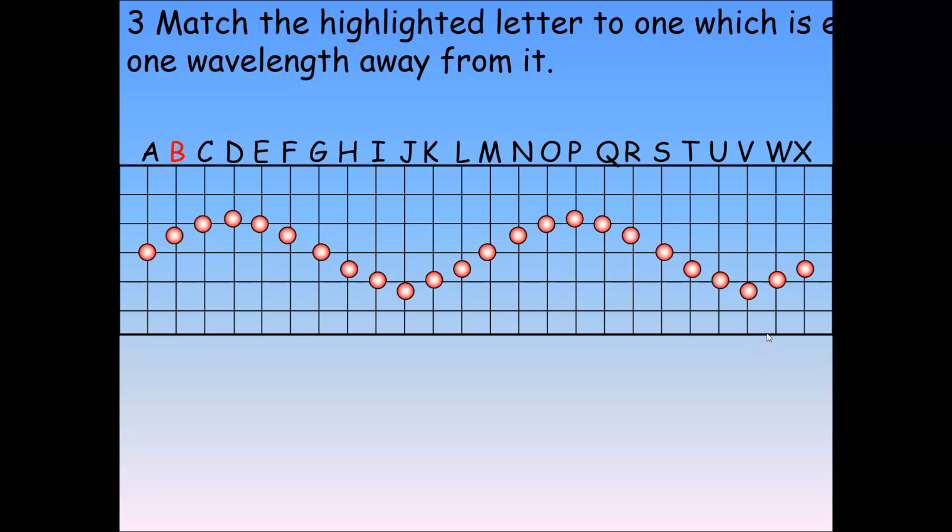Which one is one wavelength away from B? N is the correct answer. Because you can see here the one wavelength distance from D was P, then C will be O, and then B will be N.